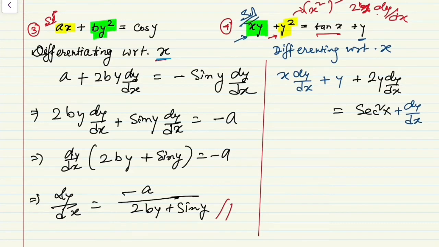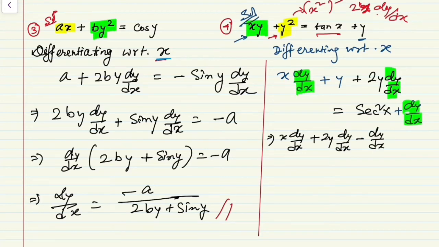Then write the terms containing dy by dx on one side of the equal sign: x dy by dx plus twice y dy by dx minus dy by dx is equal to, on the other side of the equal sign, minus y. Sorry, let me write the sec square x first: sec square x minus y.